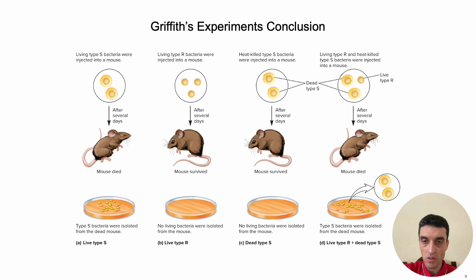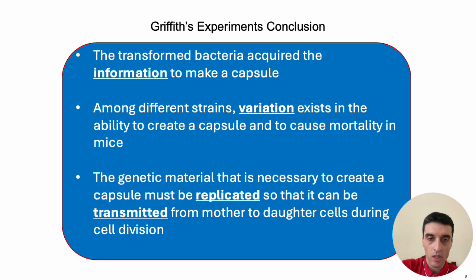And this process of transferring this magical chemical from a dead bacteria to a live bacteria was called transformation. This transformed rough bacteria now has the information to make a capsule, and it was the polysaccharide capsule that was responsible for killing the mice.